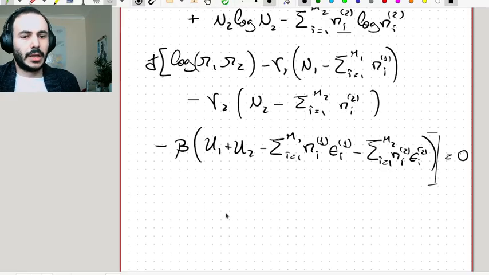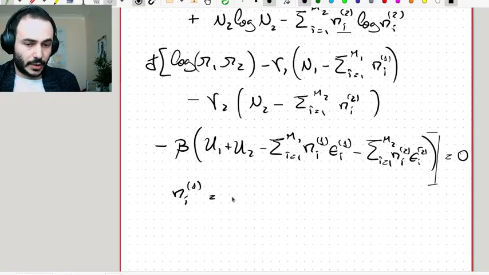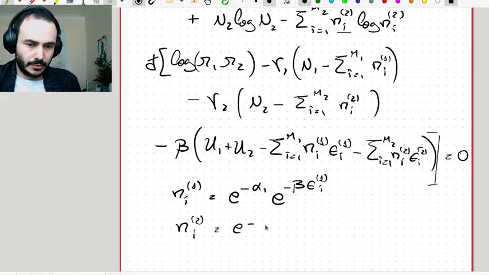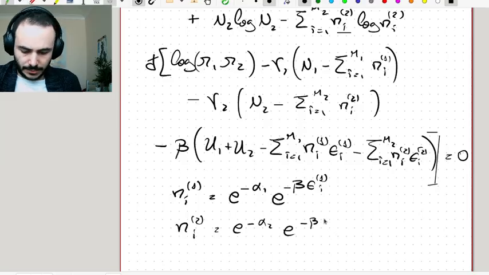And what you get here, very unsurprisingly, is that the equilibrium occupations for subsystem 1 are going to be of this form, and here you have beta epsilon i1, and here in the second one you have e to the minus alpha 2 e to the minus beta epsilon i2.